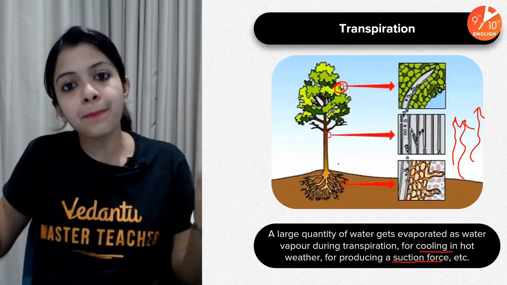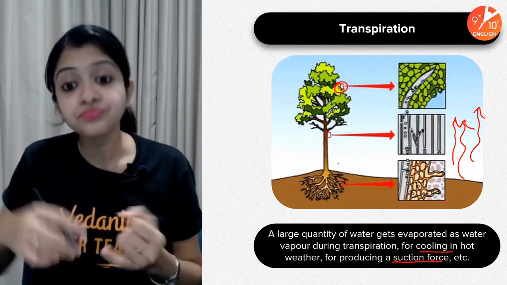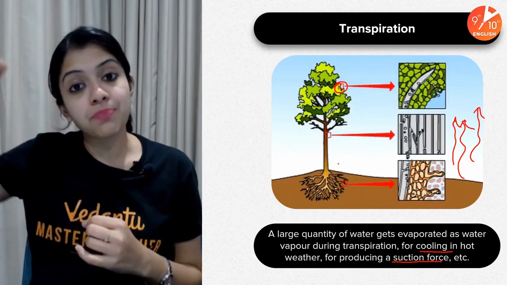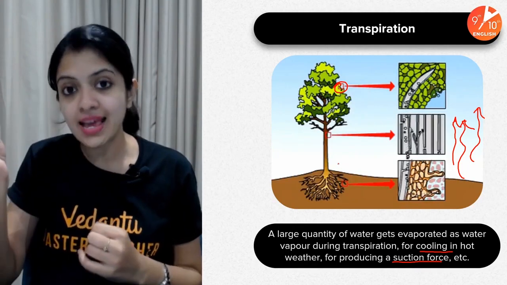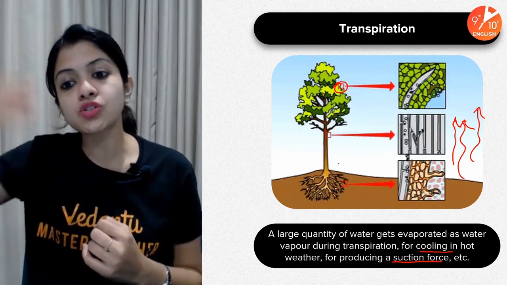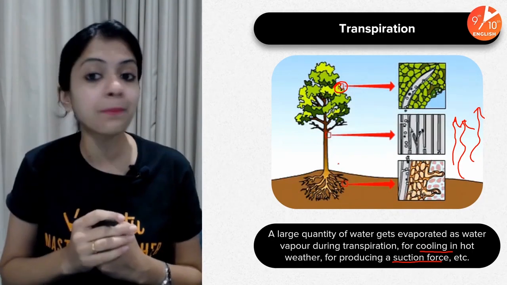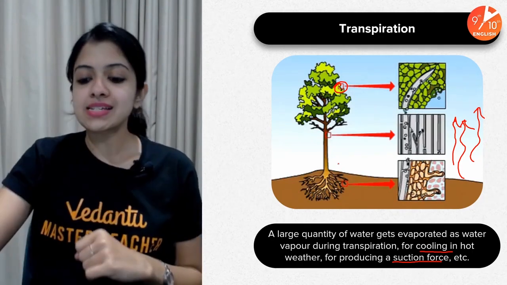So this pushing up from the roots does occur, but at the same time, transpiration has a sort of pulling effect, as a result of which a continuous column of water gets maintained in the plant body. Okay, so this is about transpiration.